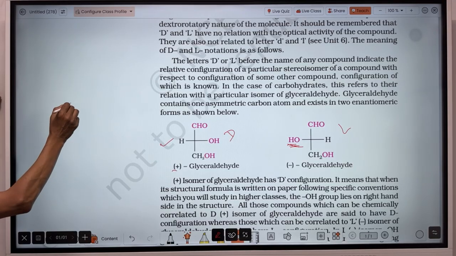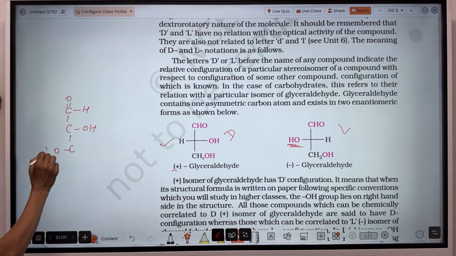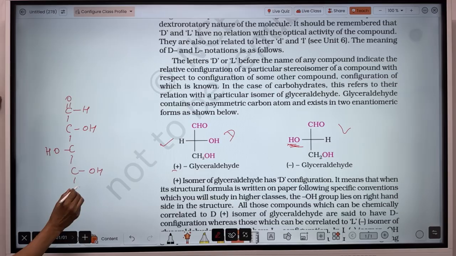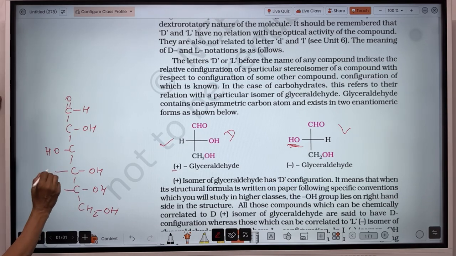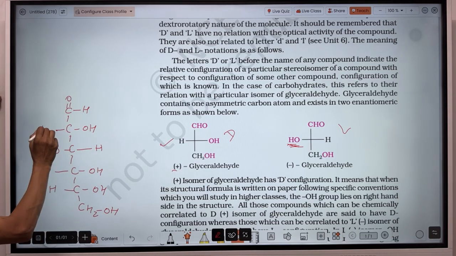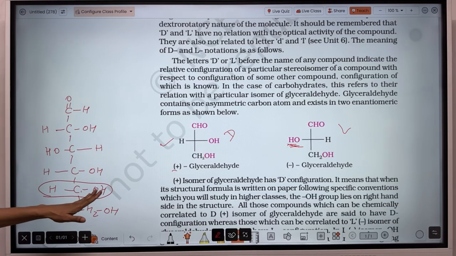When we draw the structure of glucose, the OH group at the second last carbon atom is towards the right hand side, and that's why it is indicated by capital D. When you draw the structure, you will find that D means OH at the second last carbon atom is towards the right hand side.